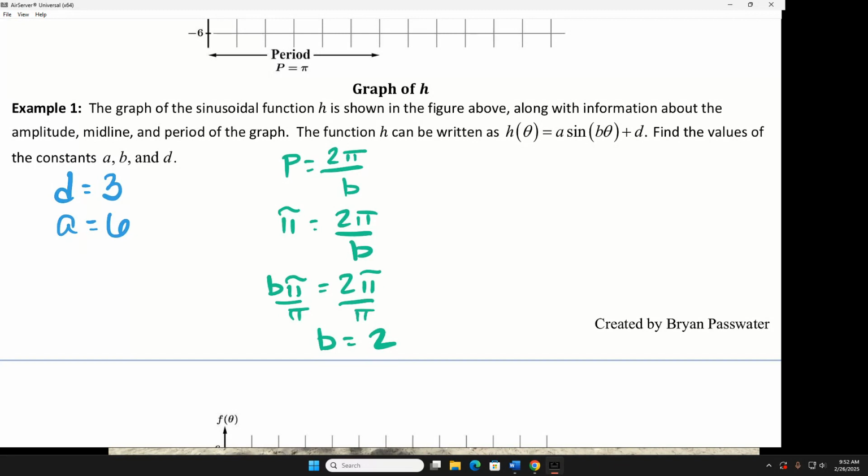Now, one thing you can do if your period is not a fraction, you can just switch these. If your period is a fraction, when you switch it, it makes it weird. You have a fraction inside of a fraction, and that's weird, but that's something that you can do. So anyway, B is going to be 2. So this would be 2, this would be 6, and this would be 3.